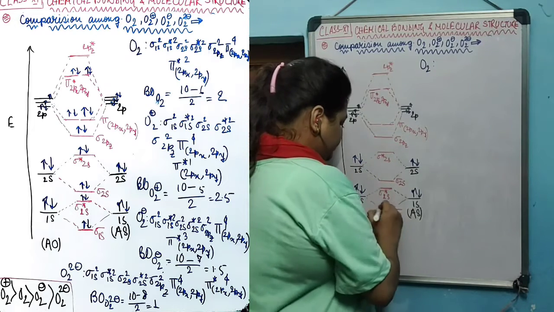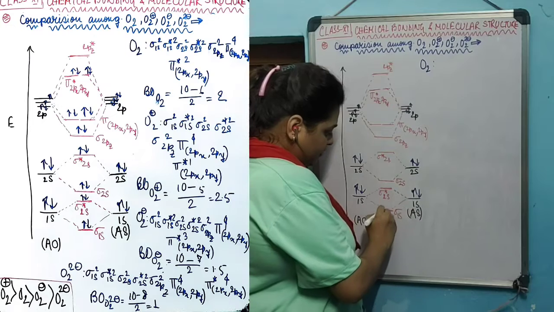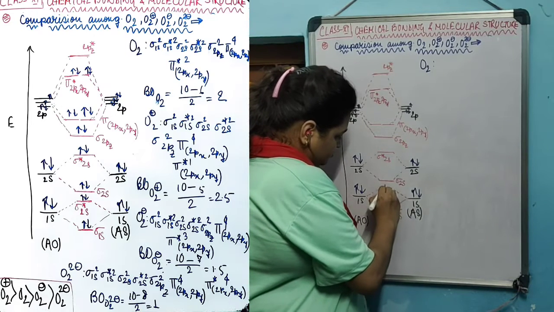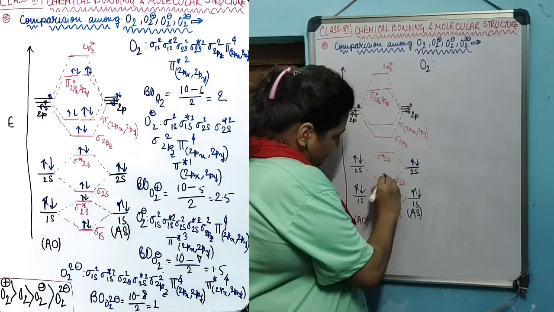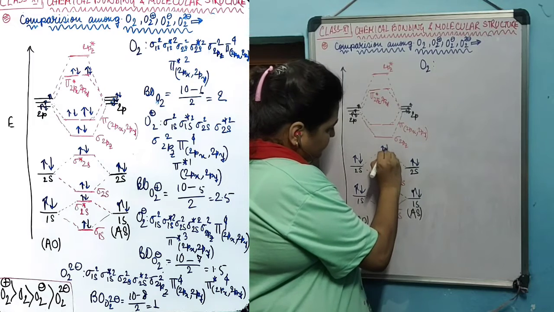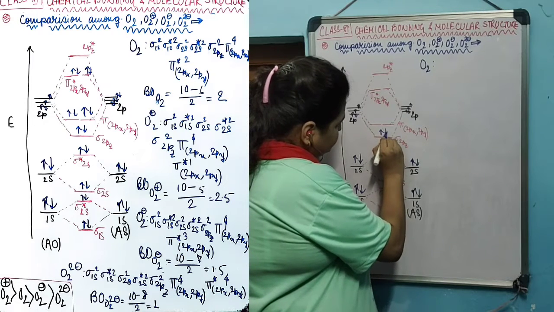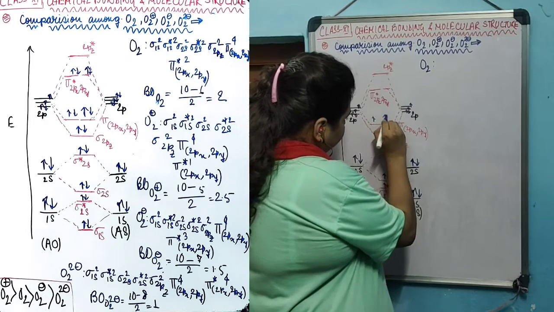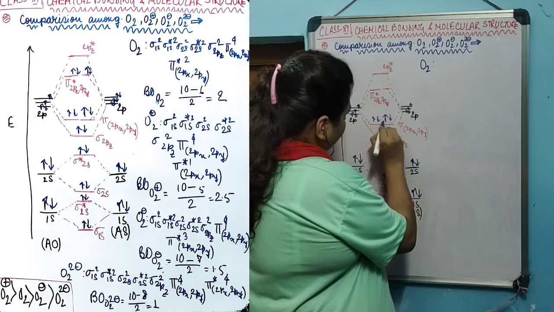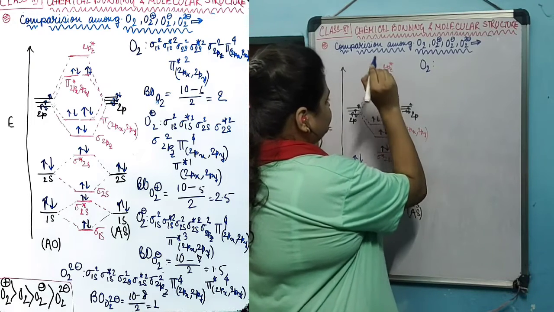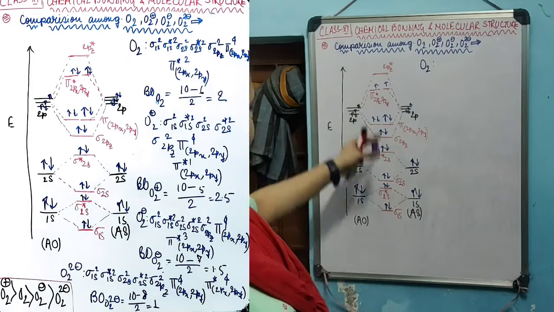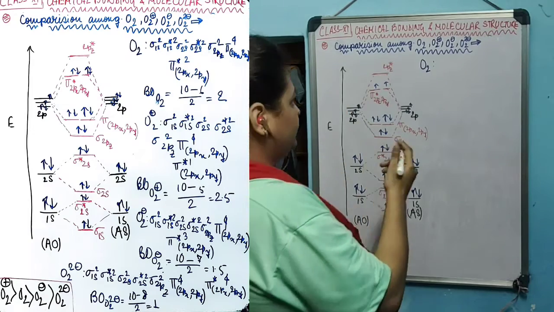It will start from the lowest energy MO, sigma 1s. This is how the energy level diagram will be filled.